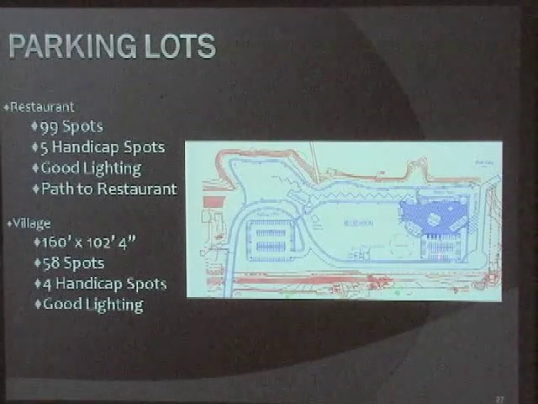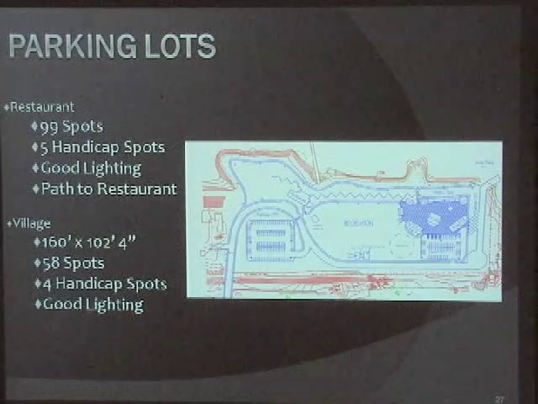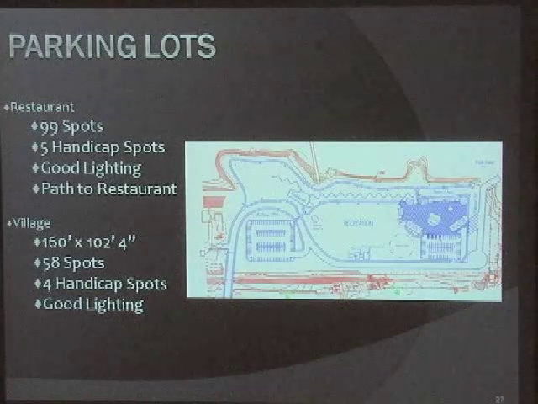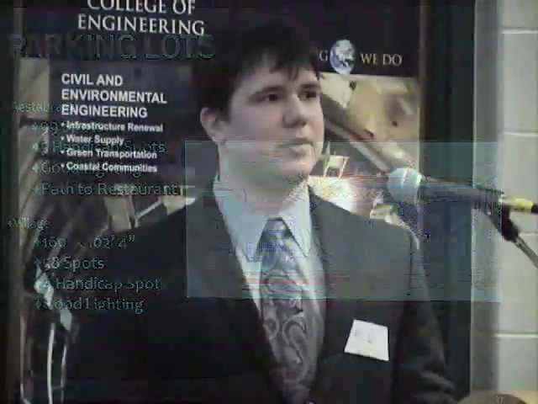We over-designed this for 55 in hopes that our village will bring a lot more patrons to go see it, and we'll give them the parking spot needed. And both of these parking lots are designed with pervious asphalt to cut down on the stormwater outflow, which John will talk more about.